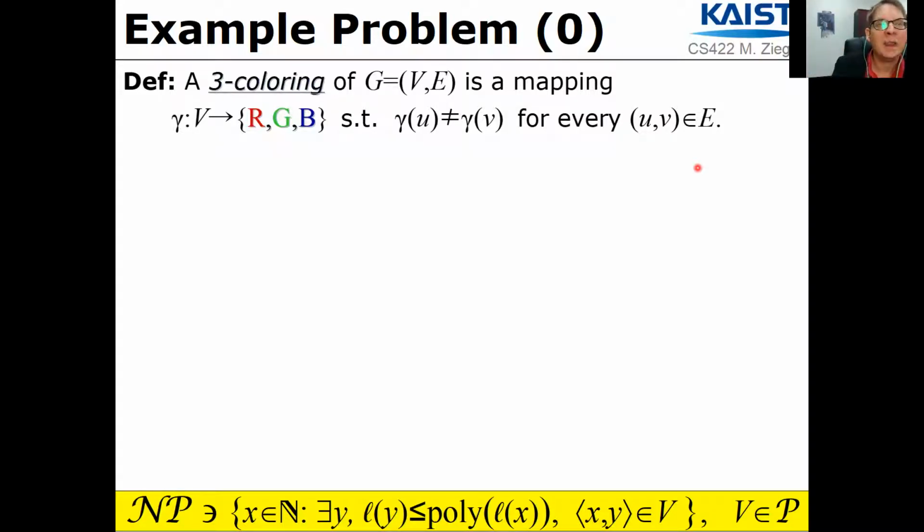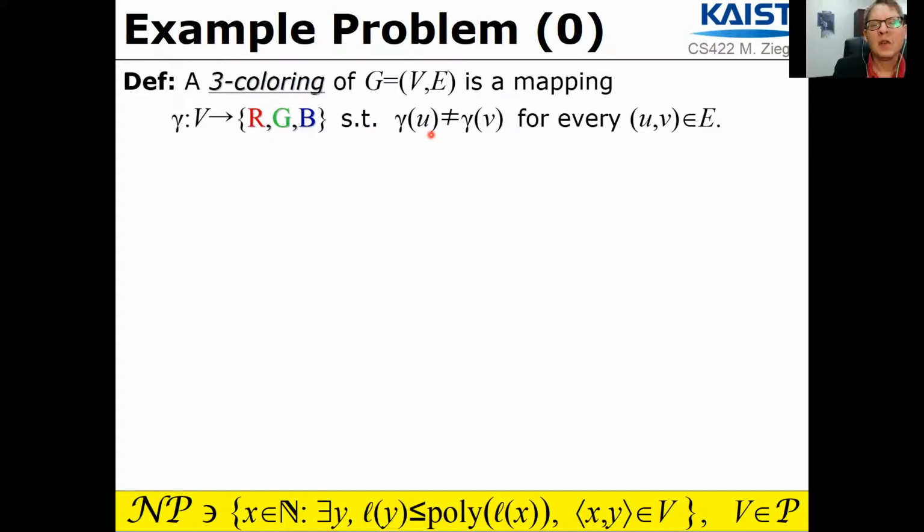And secondly, whenever 2 vertices are joined by an edge, then the colors assigned to these vertices must be different. Or put shortly, there must be no monochromatic edge. Say it again. Coloring means that there's no monochromatic edge.